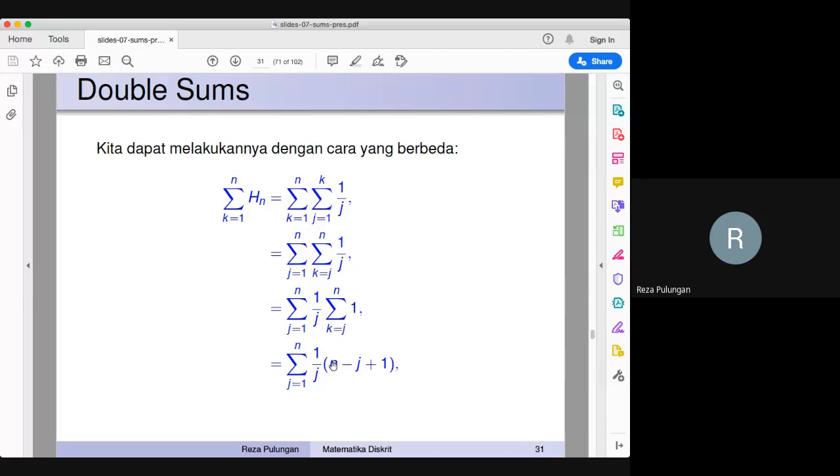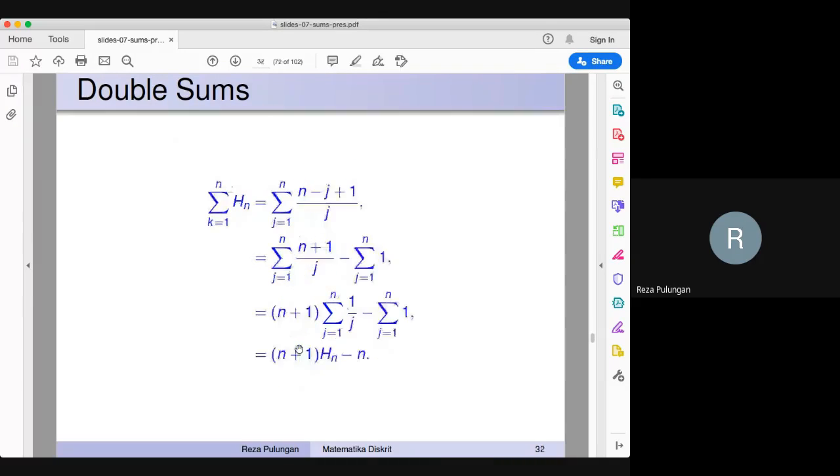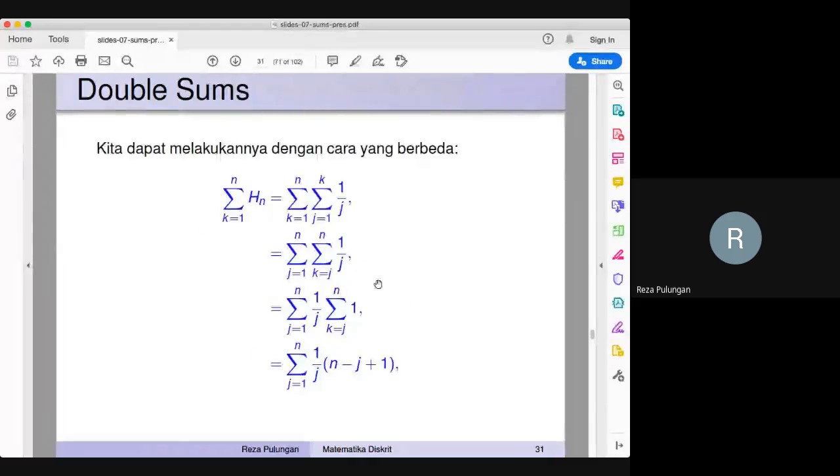What about j is equal to 2? J is equal to 2 will be 1 divided by 2, multiplied by n minus 2 plus 1, so n minus 1. This is what we have seen before. And you sum this from j is equal to 1 until n. Okay, so what do we do right now? Well, it's easy. This is n divided by j minus j divided by j plus 1 divided by j.